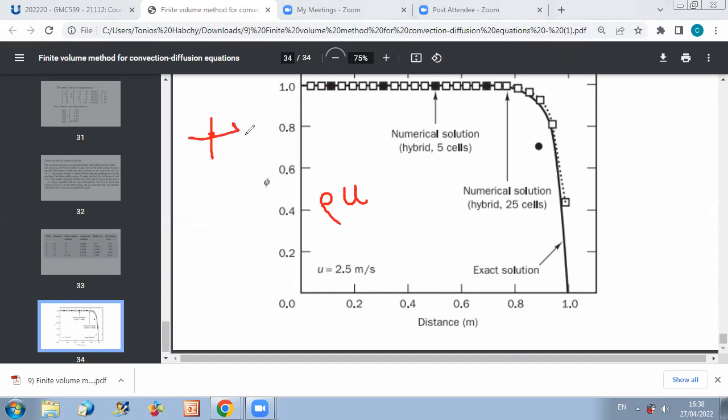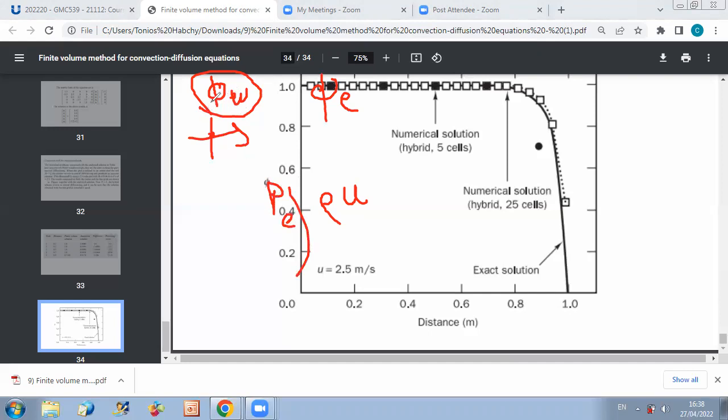When you write the expression of your fluxes, you have phi at the west face and phi at the east face. When you want to replace phi at west in your equation, you have to decide which scheme to use, upwind or central. So you calculate the Peclet number at the face.